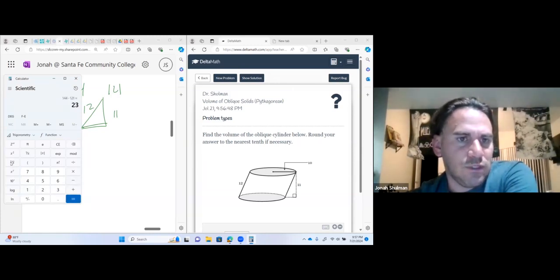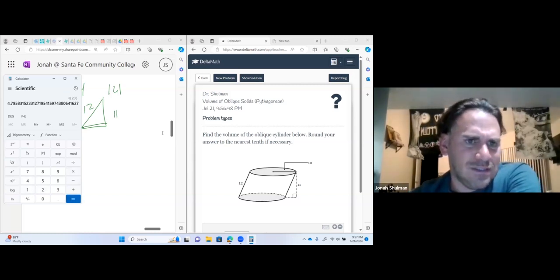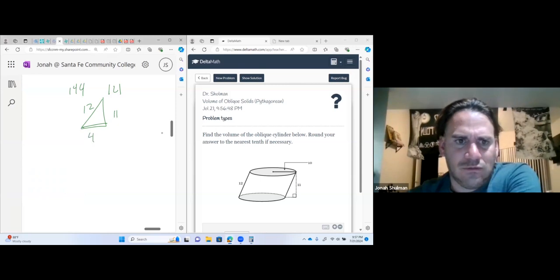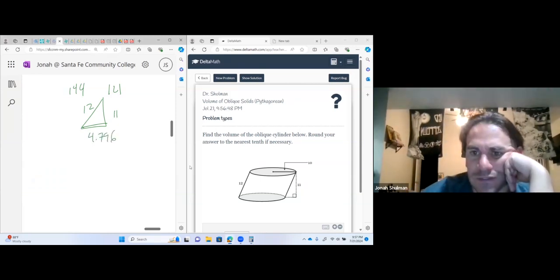We just take the square root of the answer, which is 4.796. And I believe this is the whole base. I believe the base is not 10. I think you subtract it.